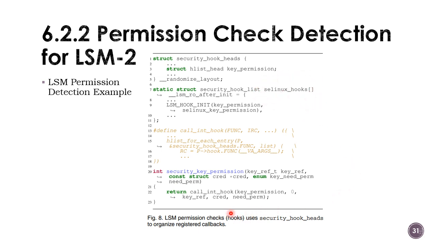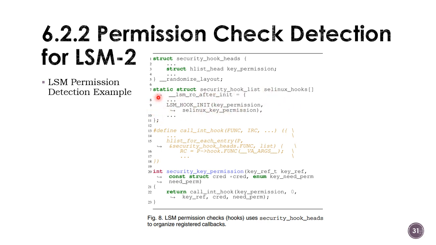And here we also have security_key_permission, and this is another function that takes our newly defined permission check function called security_hook_heads. Inside this function, we have key_permission as the argument, or you can say the parameter. And in both security_hook_list selinux_hooks, inside it called the key_permission.